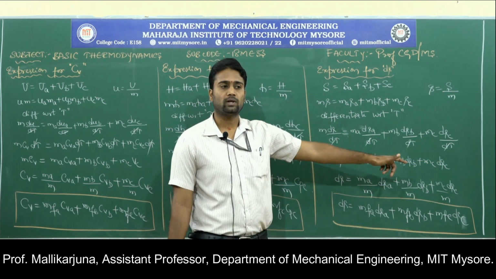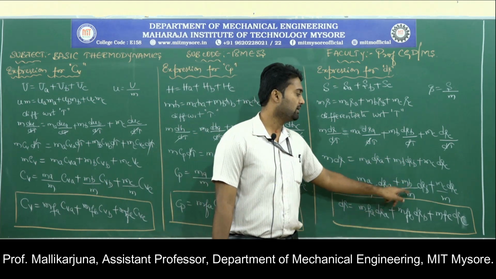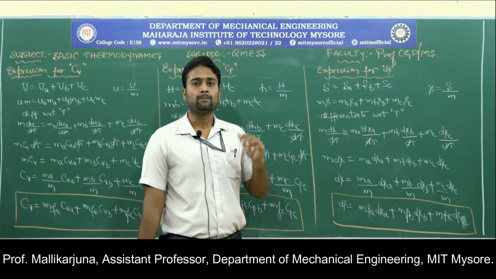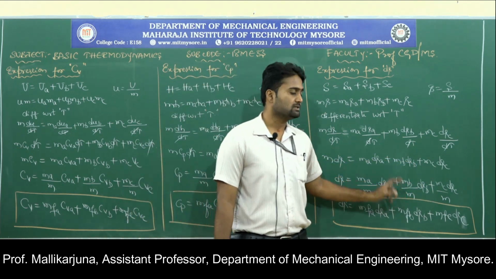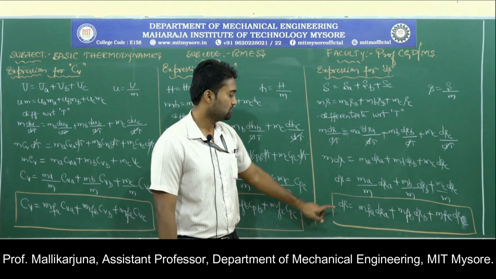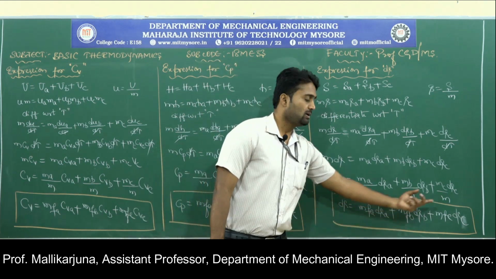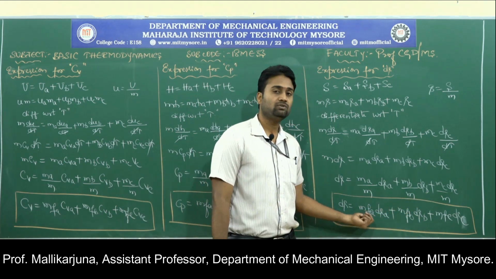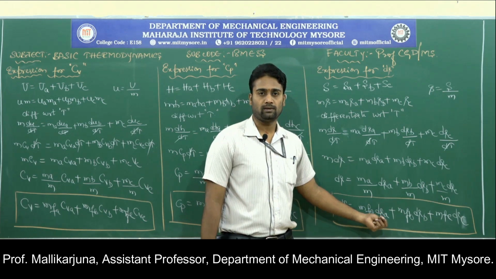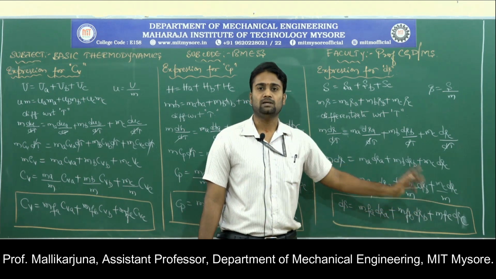Again, the same step. Please send M onto the right hand side so that ds is equal to MA by M into dSA plus MB by M dSB plus MC by M dSC, where MA by M is nothing but the mass fraction of A, MB by M is the mass fraction of B, and MC by M is the mass fraction of C. So the change in entropy of the mixture will be equal to the summation of the product of each constituent gas's mass fraction and its change in entropy. So ds is equal to MFA dSA plus MFB dSB plus MFC dSC.